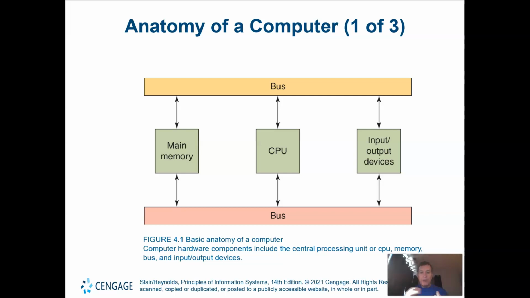It contains all the circuitry needed to process the input, to store data in memory and temporary storage, and to output results. The CPU is constantly following the instructions of the computer programs that tell it which data to process and how to process it. Without the CPU, we could not run a program on a computer.